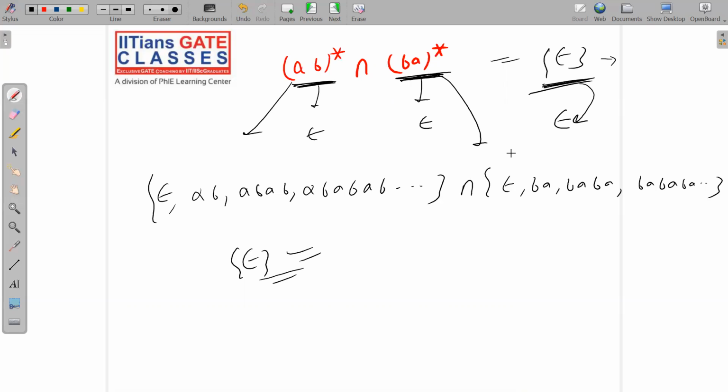So please see the question carefully. These two are regular expressions. Their intersection will produce which regular language? If they use the words regular language, this is the answer. If they say which regular expression, then you will say it like this. I hope I have made the point clear.